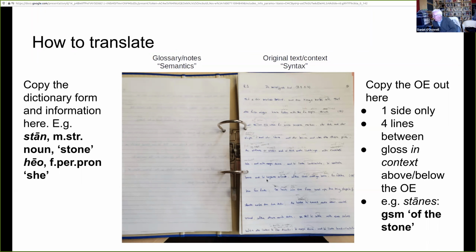If something's in the genitive, you don't write stone, genitive, singular, masculine. You write genitive, singular, masculine of the stone. Same with the by, with, to, for. If it's in the dative, when you're glossing it, you write by, with, to, for, the stone. And the reason why you do that is that it'll help your ear help you put it in order as you work. And that ought to be it.